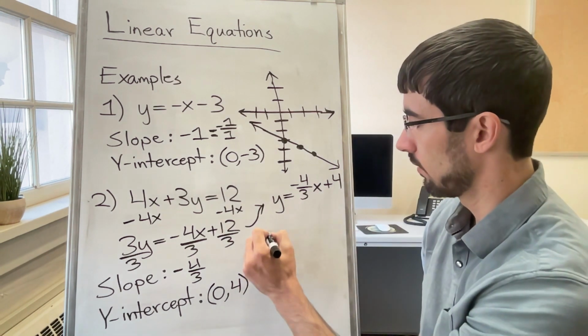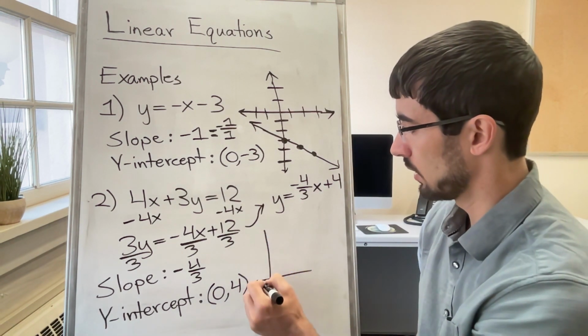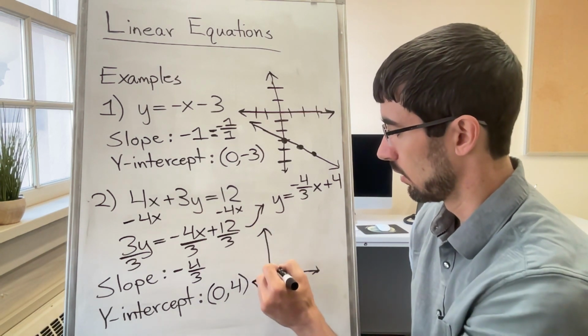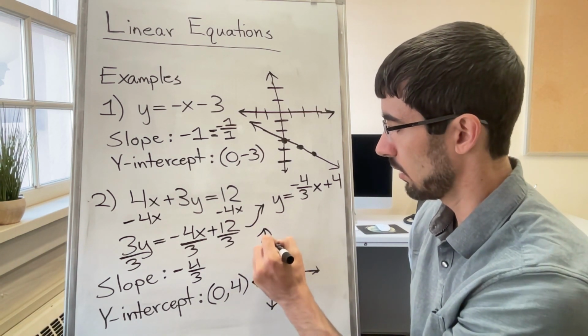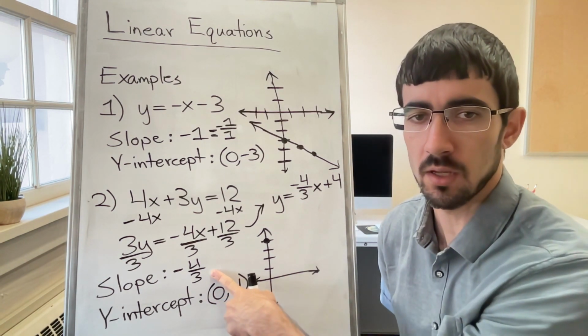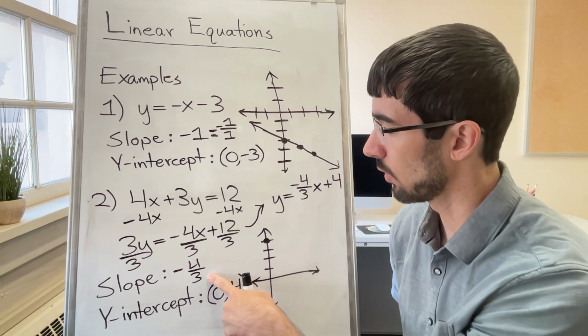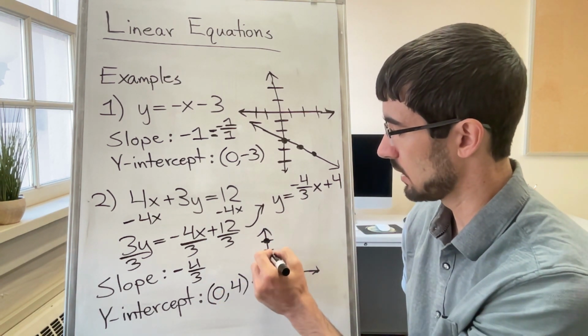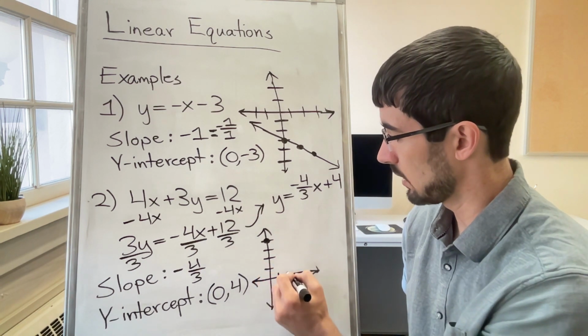So let's graph this example. We're going to start at the y-intercept, which is at (0, 4). That's right here on the y-axis, and we're going to follow the instructions for the slope to find another point on this line. Negative 4 over 3, that means down 4, right 3. So I count down 4 units, right 3 units.